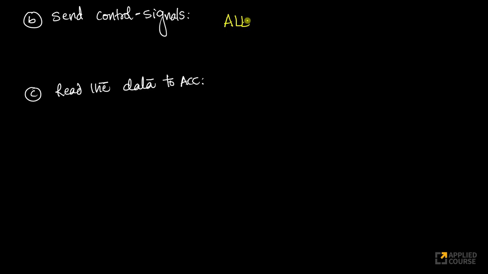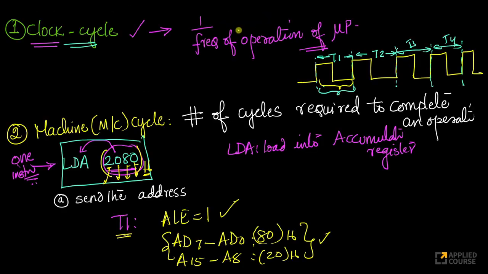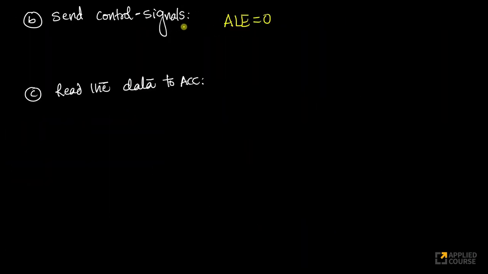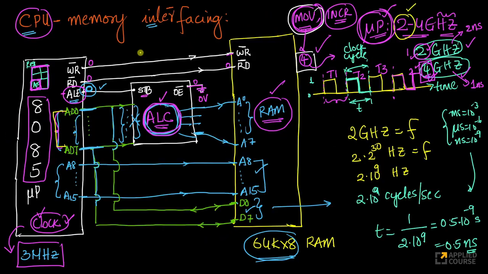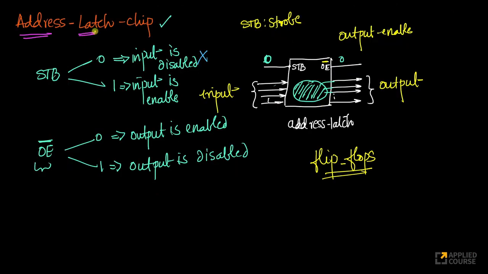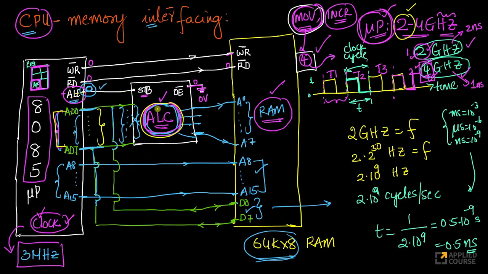After this, I need to make my ALE equal to 0. This happens in cycle T2. In cycle T2, I make my ALE equal to 0. As soon as ALE equals 0, whatever address I sent earlier is already copied into the address latch chip.